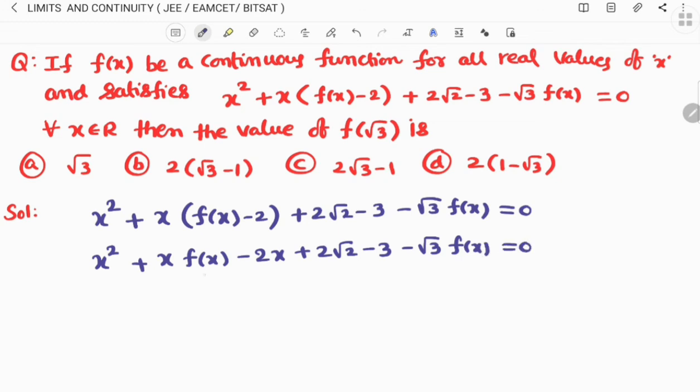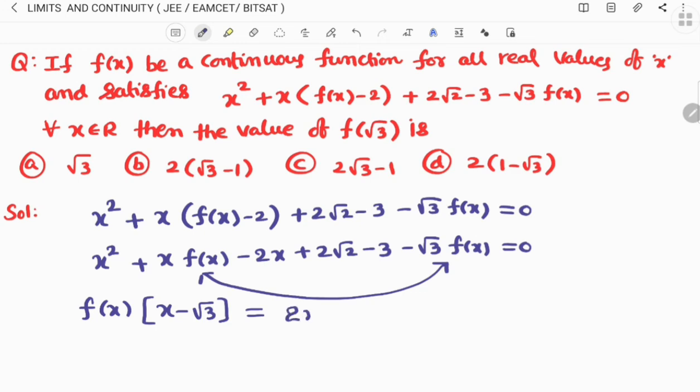Here, from these two terms I am taking f of x common. So f of x into x minus root 3 equals the rest of the terms, which I am taking into the RHS. So minus 2x we can take to this side as plus 2x, and minus 3 I am also taking to this side.